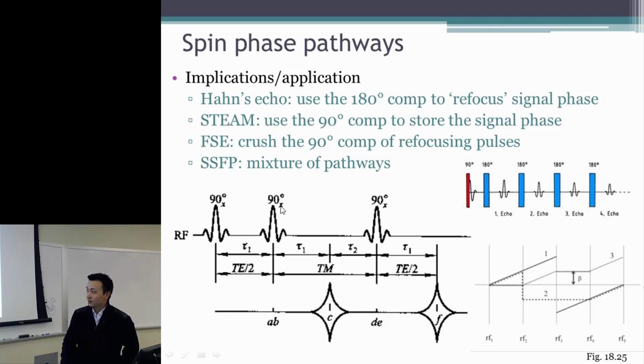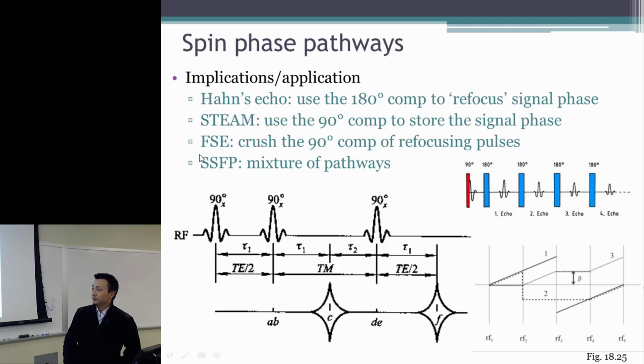So the phase development is stopped, and it remains along the z-axis between the second and third RF pulses. The third RF pulse then tips this component back to the transverse plane. Equivalently, the phase developed between the first two RF pulses is now refocused, and it comes back, forming a stimulated echo, as we call it.